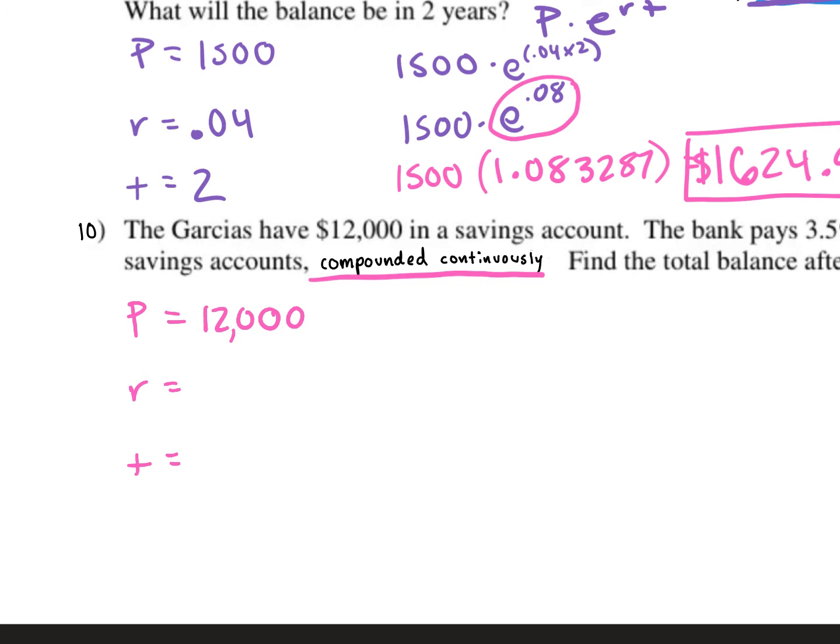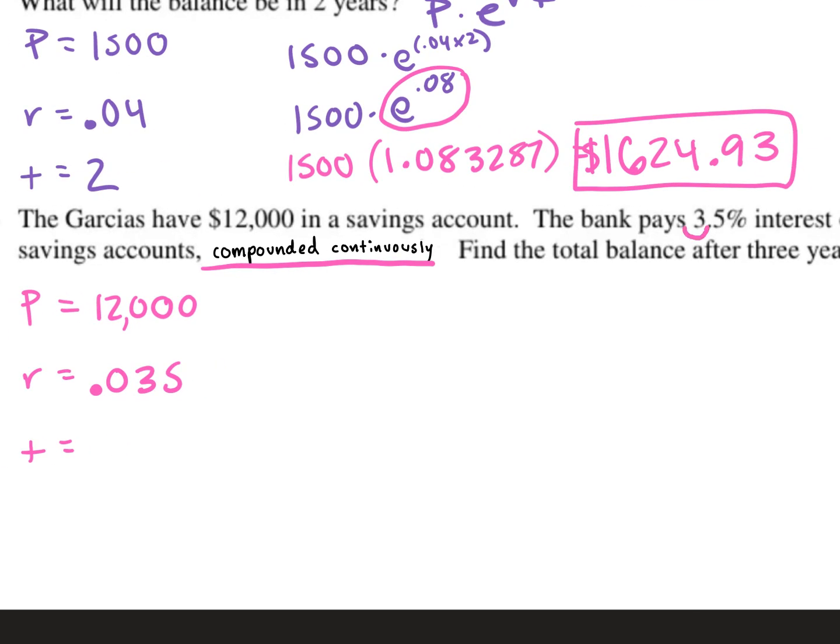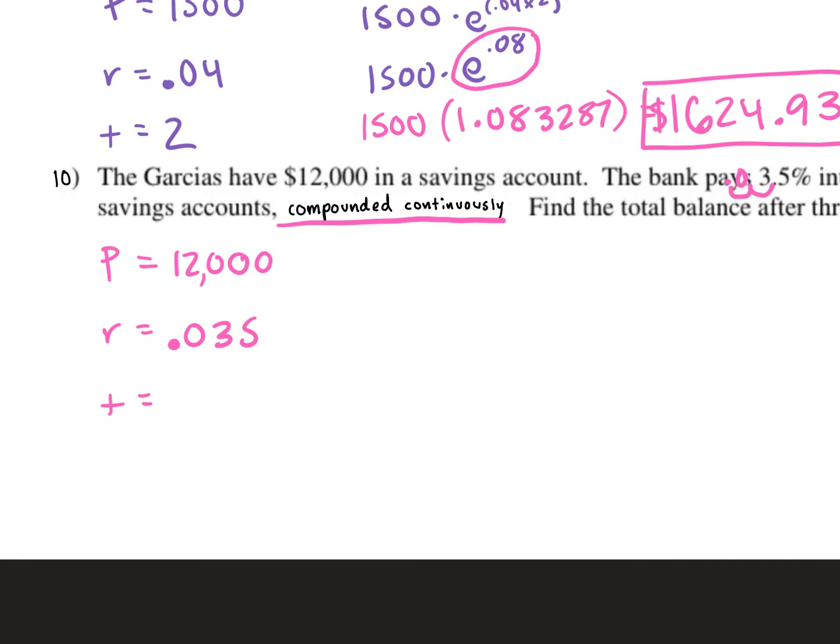What's the rate? 0.035. So 0.035, perfect, because we take the percent, move the decimal twice, so it'd be 0.035.